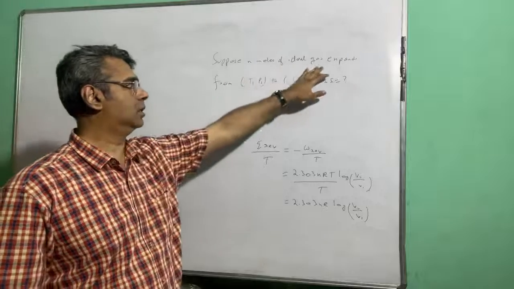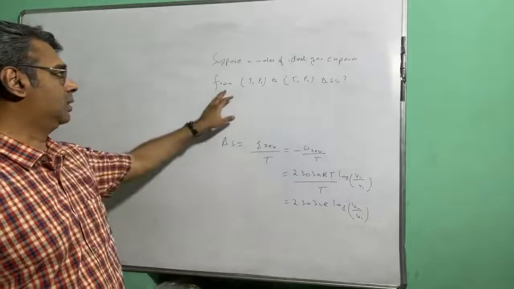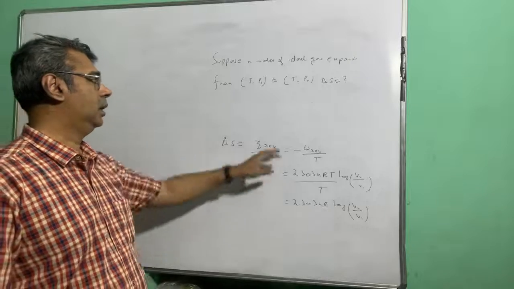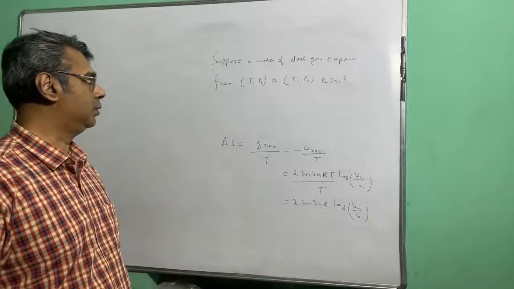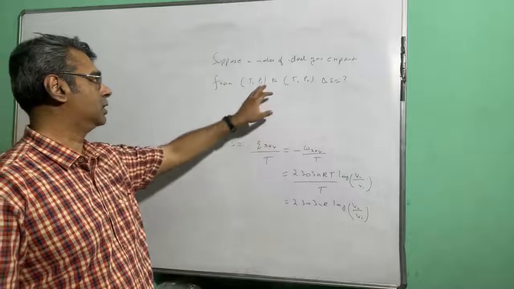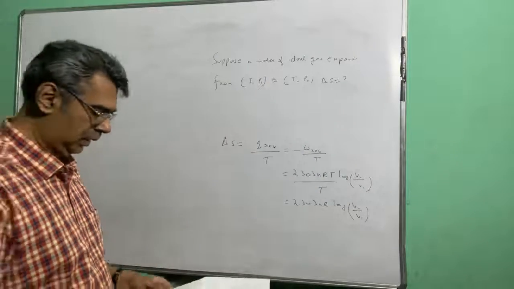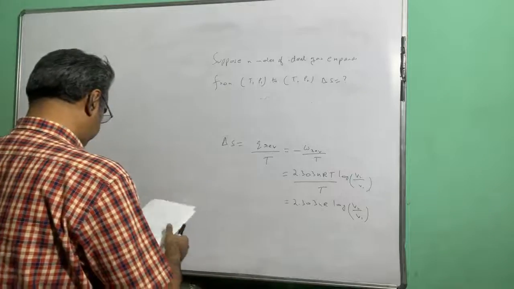Suppose n moles of an ideal gas expands from initial temperature and pressure T1 P1 to final temperature and pressure T2 P2, and you want to find the change in entropy.